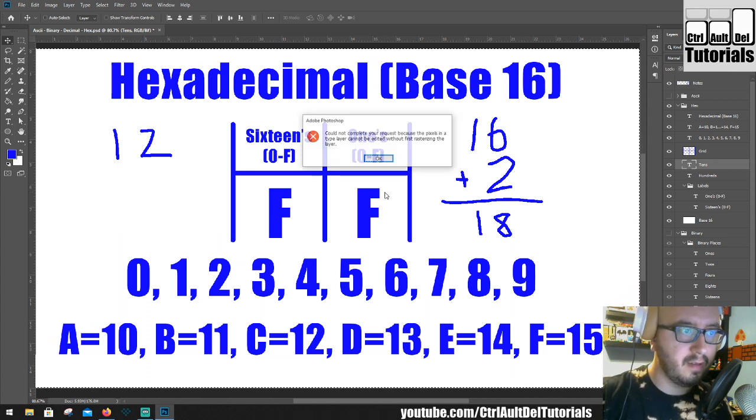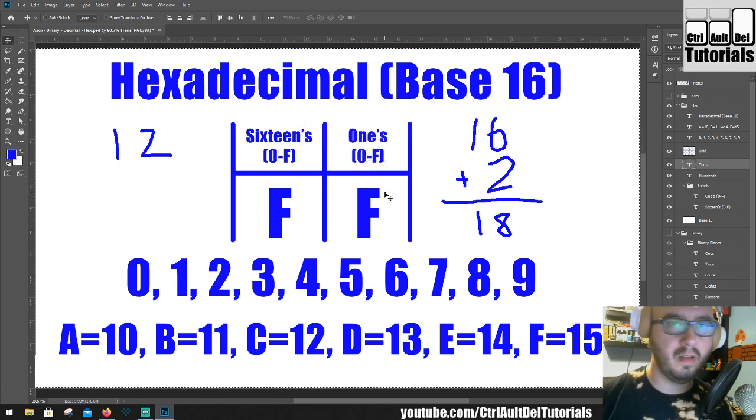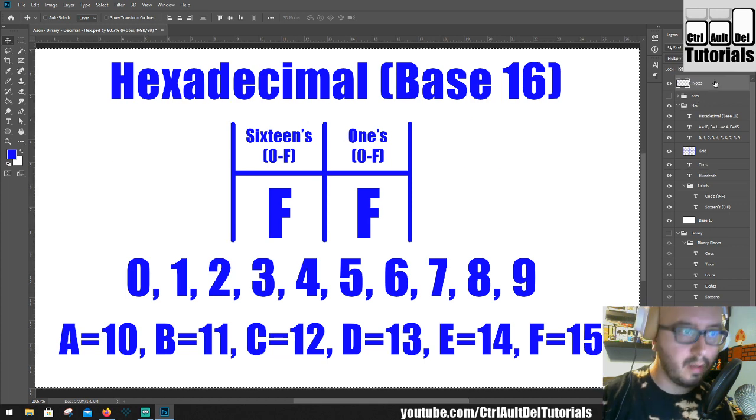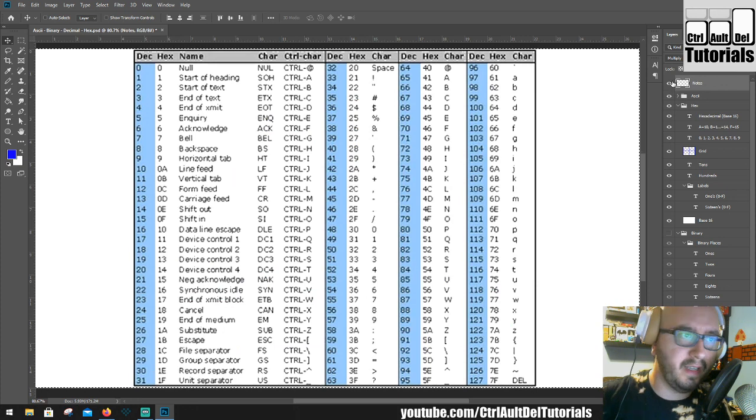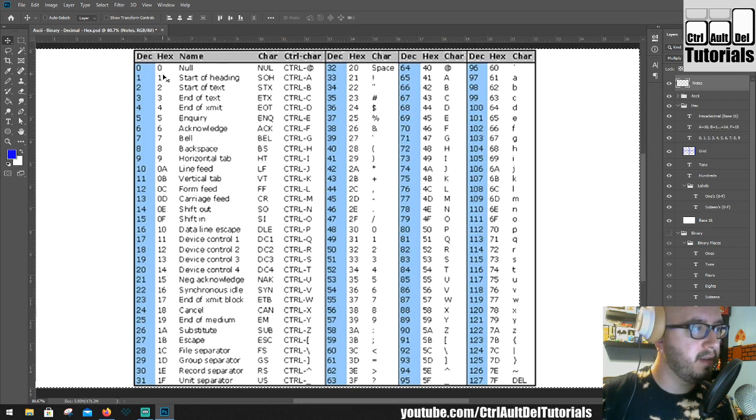Okay, I'm not on the right layer. Okay. Now, where do we go next? ASCII. This is an ASCII chart. Here you can see the decimal value. So there's my decimal values, and hexadecimal values.